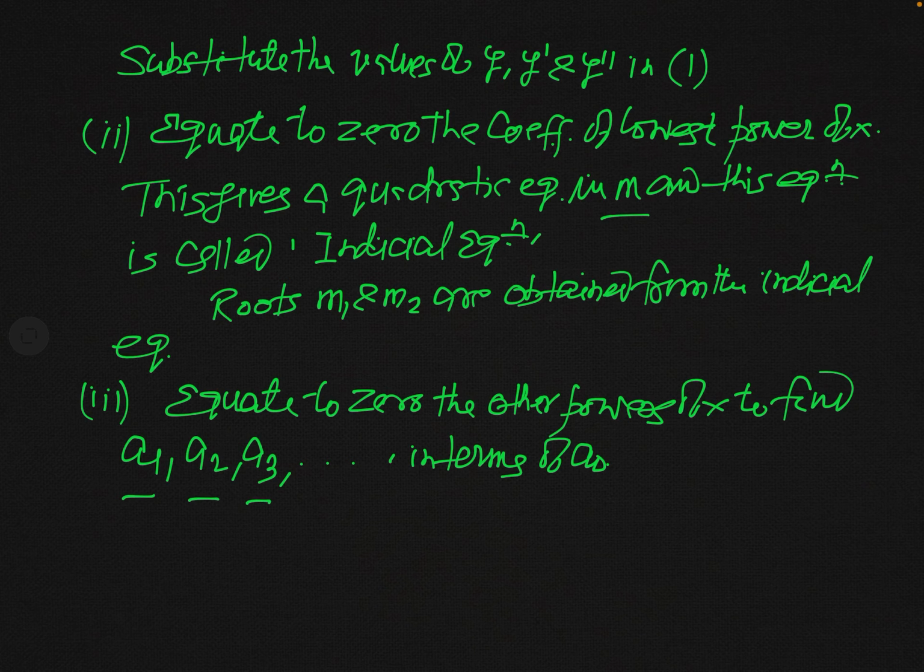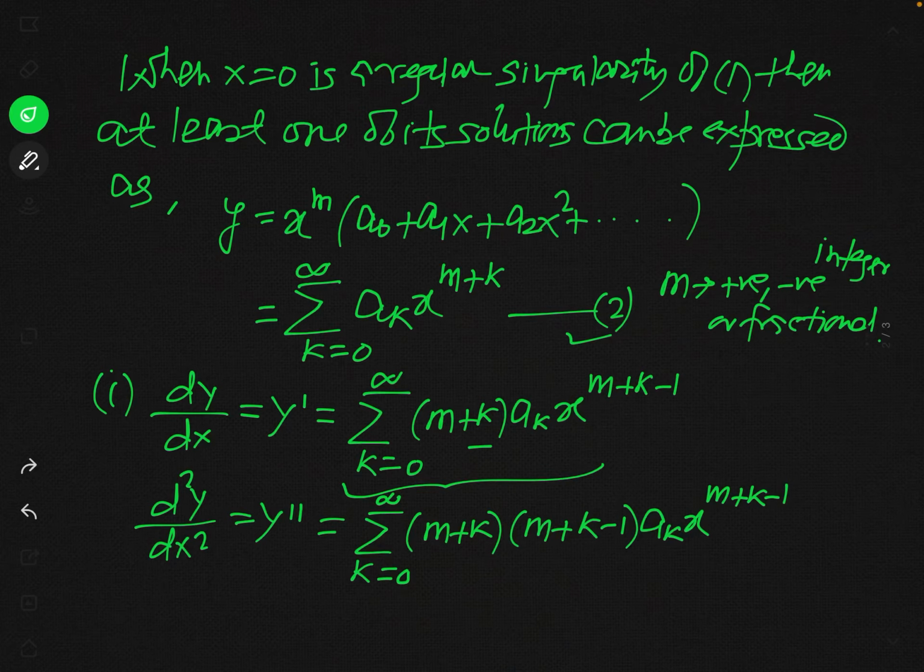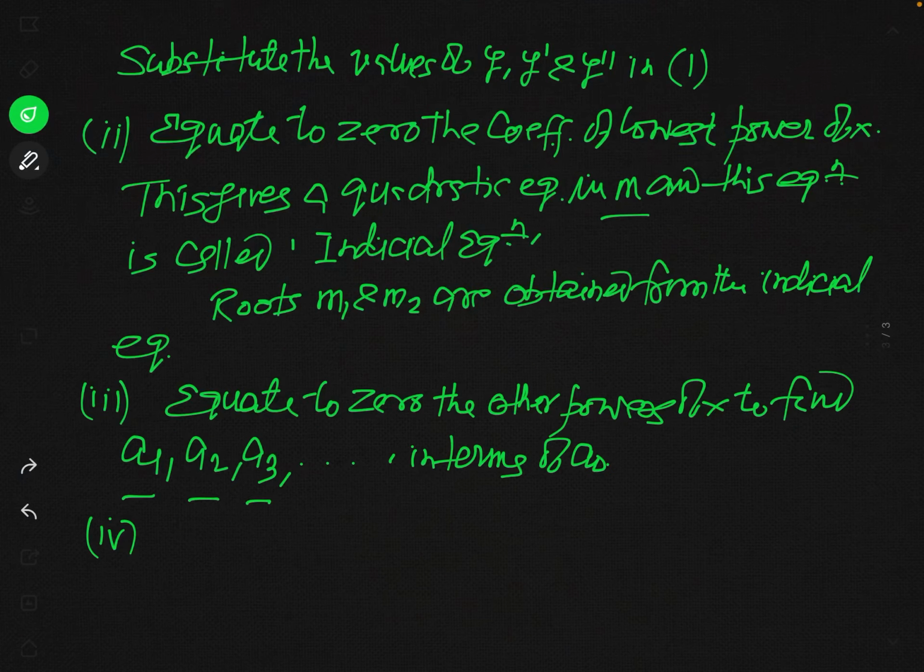And after finding these values of a1, a2, a3 and so on in terms of a0, in the next step we will substitute the values of a1, a2, a3 and so on in this equation 2. You can see in this equation these coefficients are substituted.